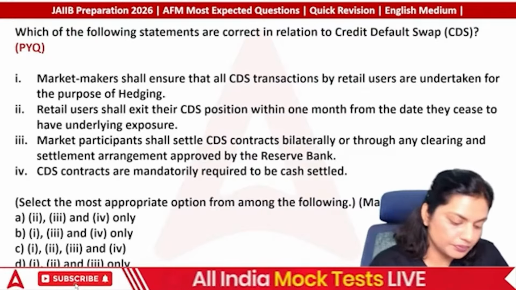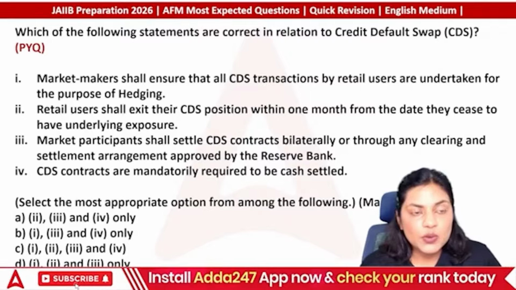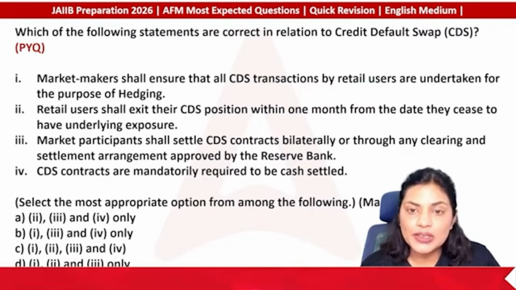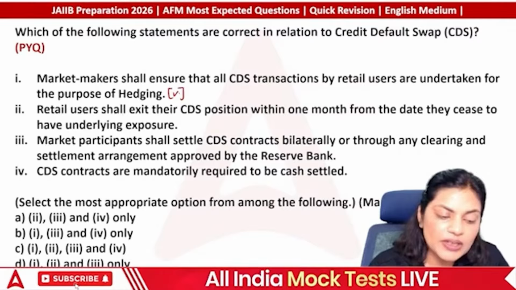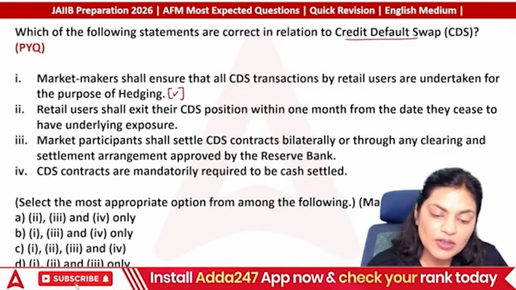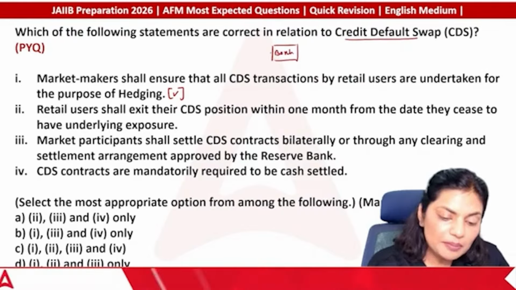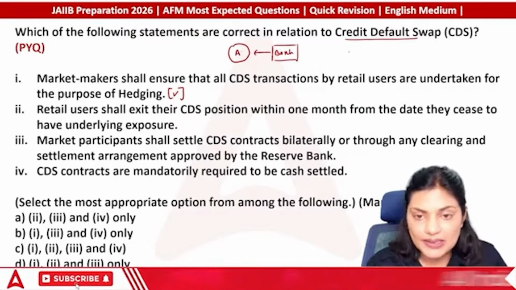Now, number one, first one: market makers shall ensure that all the CDS transactions by retail users are taken for the purpose of hedging, which is correct. Whenever we talk about credit default swap, what is credit default swap? A bank has provided a loan to, let's say, a party, and now the bank is doubtful about it.